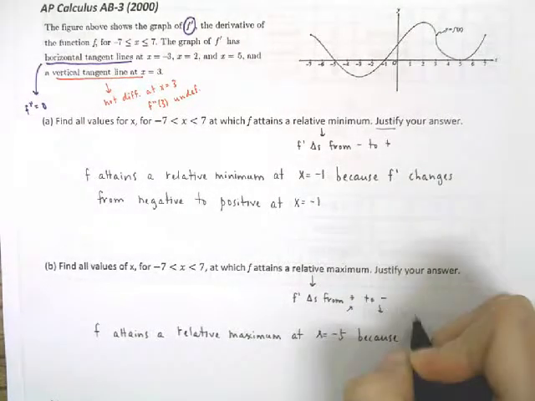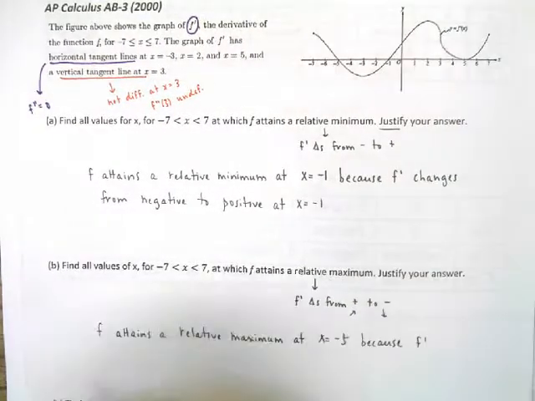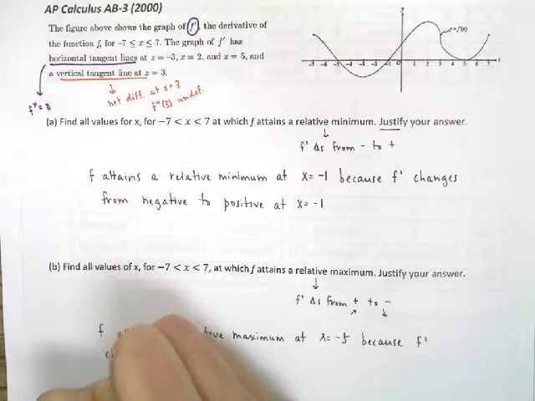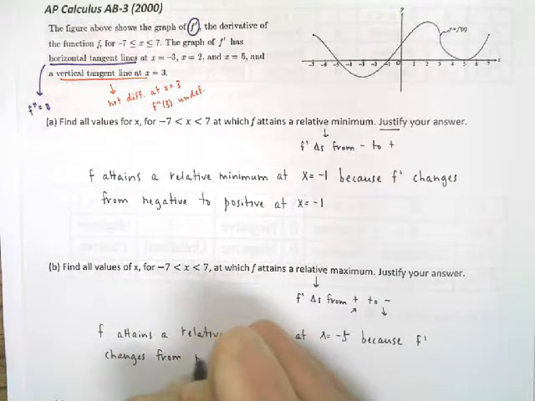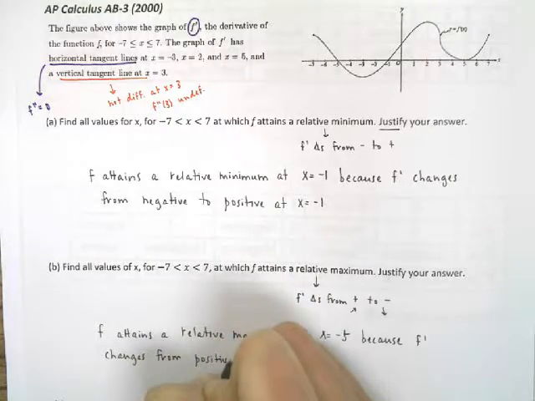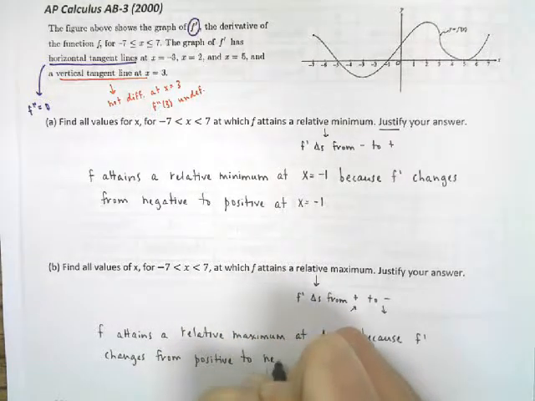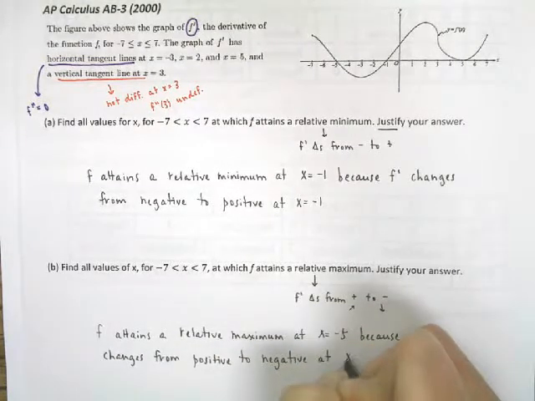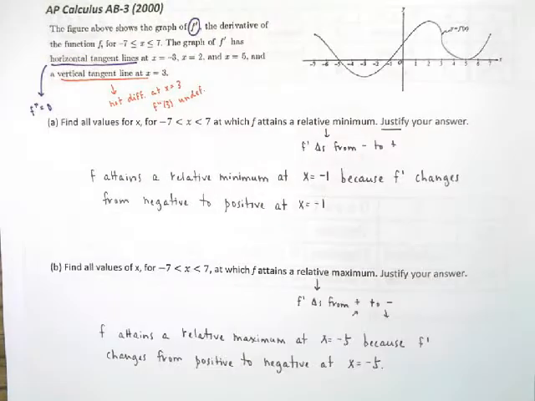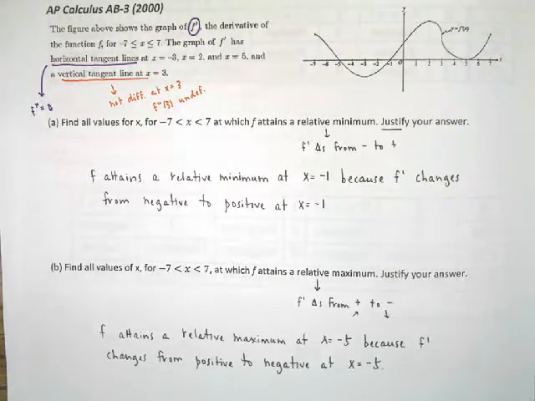Because f prime changes from positive to negative at x equals -5. So there we'd get full credit: probably one point for identifying where it happens, and a point for justifying our answer.